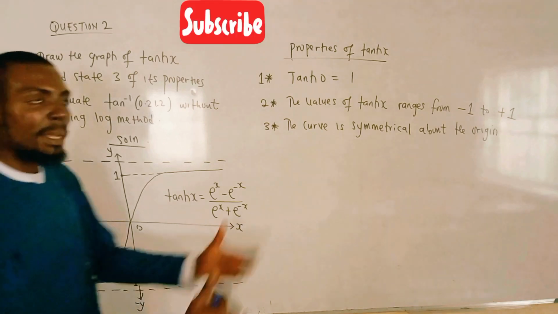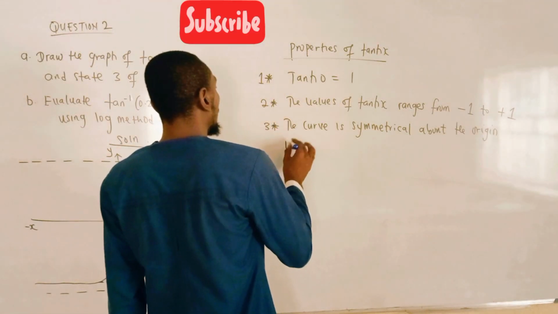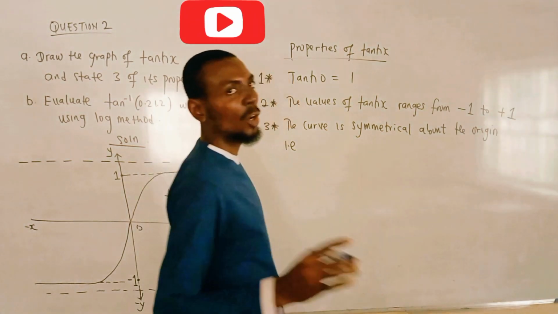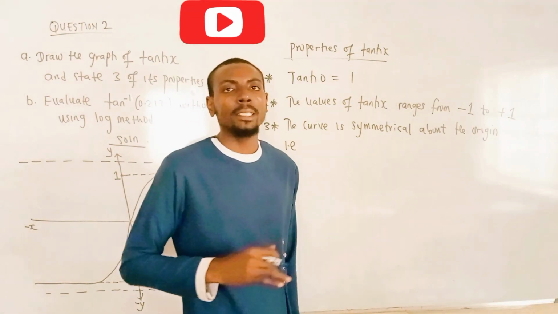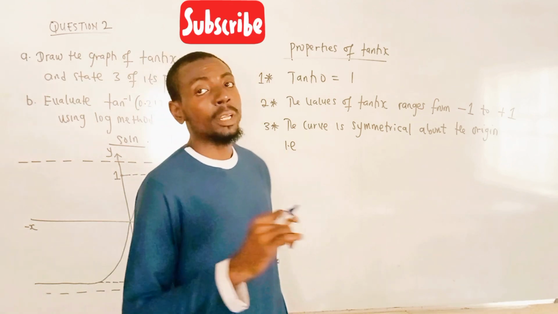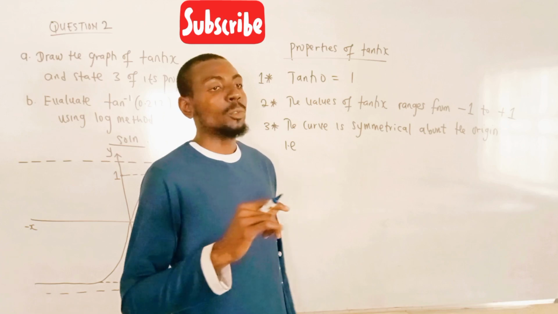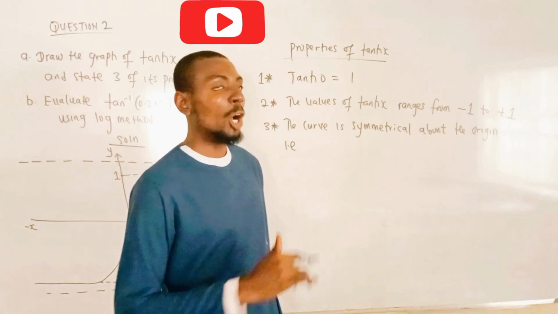So it says symmetrical about the origin. That shows that it is an odd function. Every odd function takes its symmetrical path about the origin. For every odd function, the curve must be symmetrical about the origin.